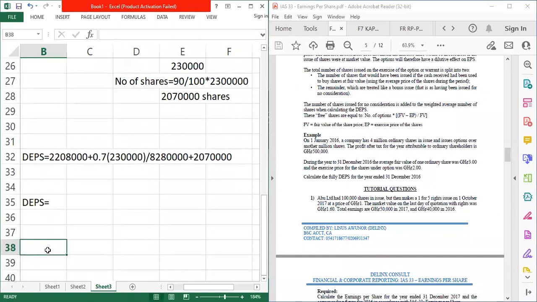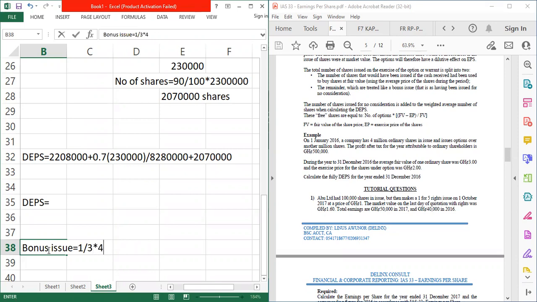So you can see that we are giving a bonus issue of 1 cedi, isn't it? If you are giving a bonus issue of 1 cedi, how many shares will be given in terms of the bonus issue? This is calculated as the bonus issue value, which is 1, divided by the market price, which is 3, multiplied by the number of shares that we are giving to them.